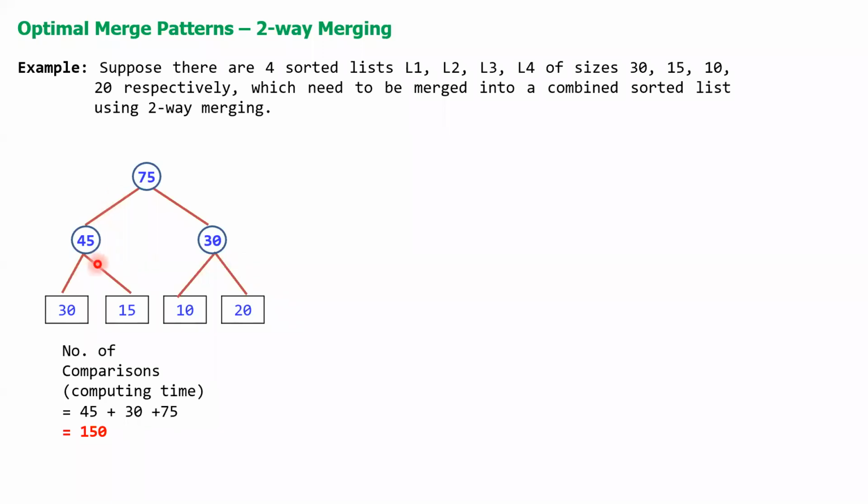The time complexity of the first merge is 45, the second merge operation is 30, the third merge operation is 75. So the total complexity of merging 4 lists into a single list using two-way merging is 150. Now this is one solution that I have, one merge pattern.